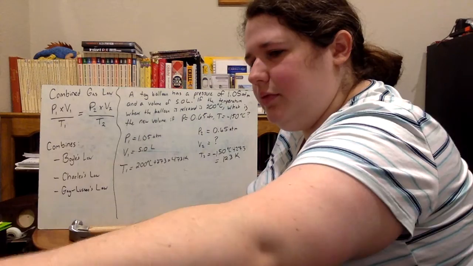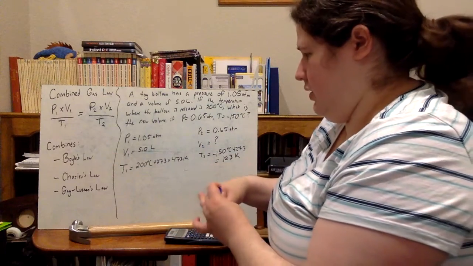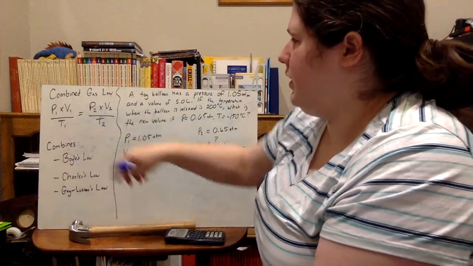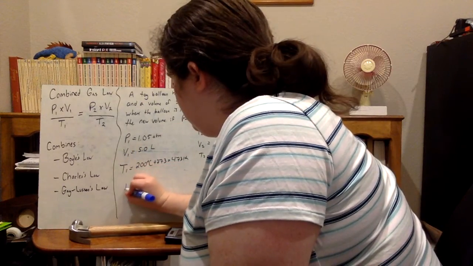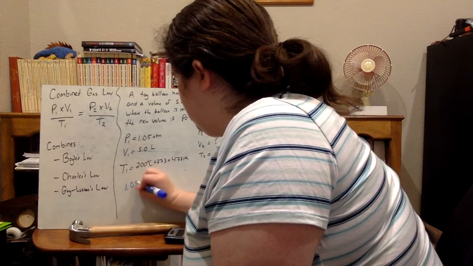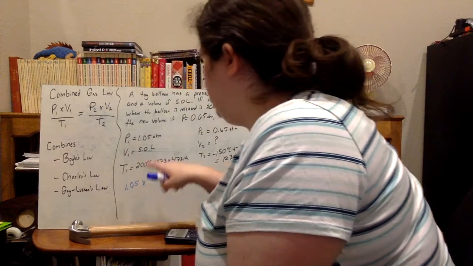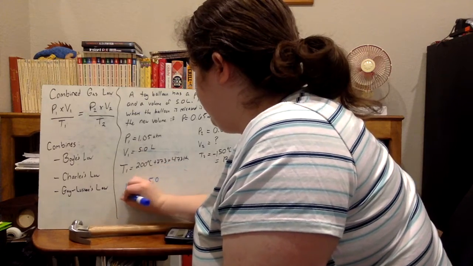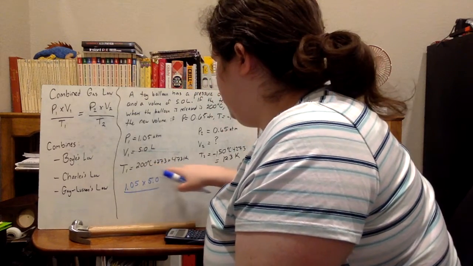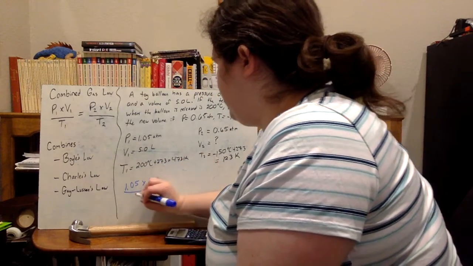Okay, so I'm just going to plug into this equation right here. P1 is 1.05 times V1 is 5.0. T1, we're going to use the Kelvin value, is 473.